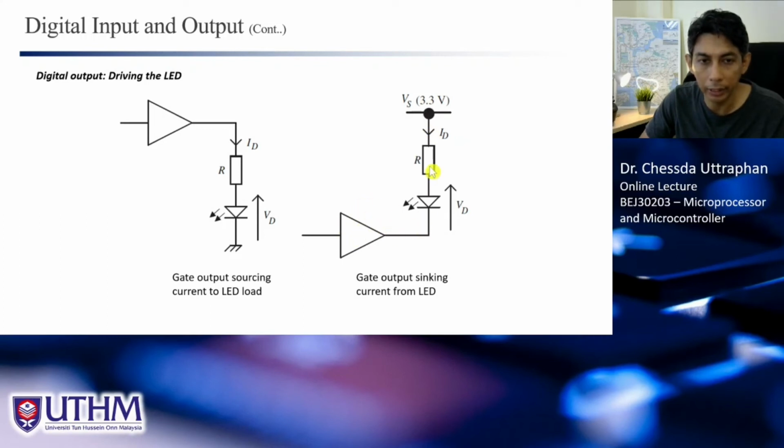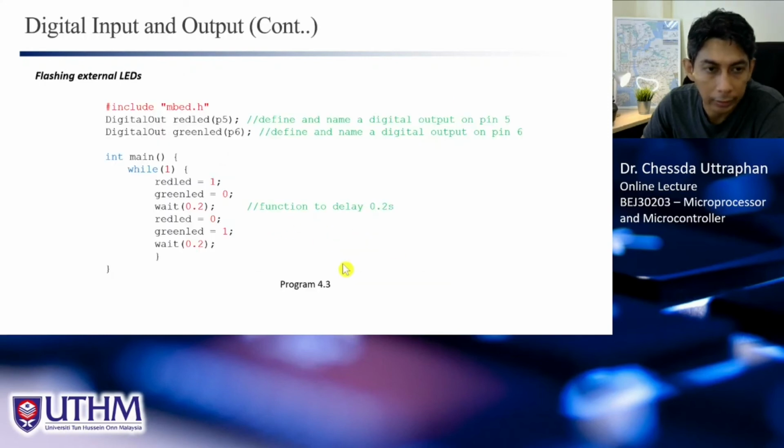All right, if you have 0 here, means that the current will flow from here to here, then it will turn on the LED. From here, to turn on the LED, you need to send logic 1 to the output, right? Logic 1 means that this one is turned on. Here you need to have logic 0, and then you get the LED to turn on. So normally we will use this connection, yeah, because we avoid the current to flow into our microcontroller. But these two can be used definitely.